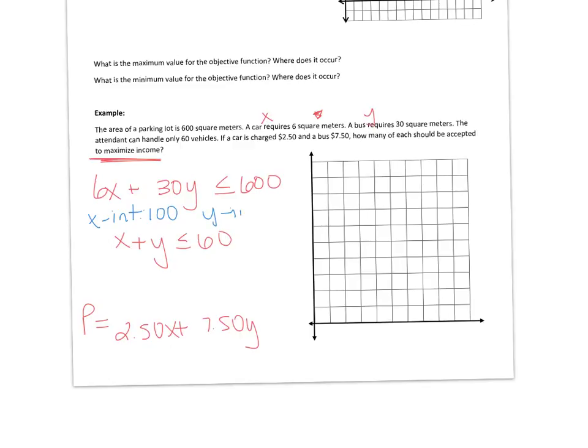And my y-intercept would be 20. So x-intercept 60, and remember, I'm just getting that by doing 60 divided by 1. And so on that first equation, it was 600 divided by 6, 600 divided by 30. I don't graph my profit, so these are my only two constraints that are getting graphed. And so I'm going to let each one of my tick marks go by 20.